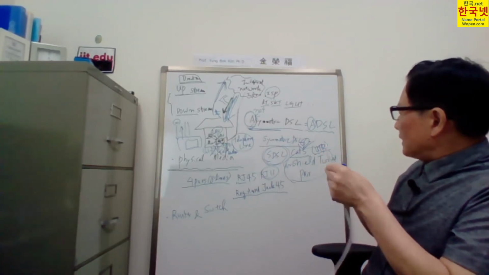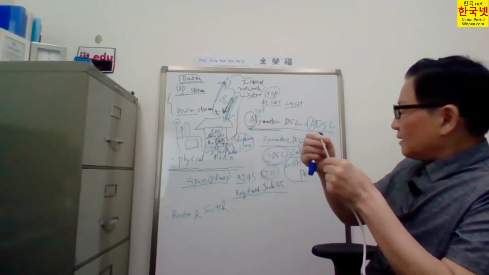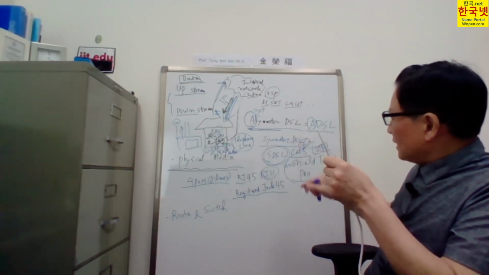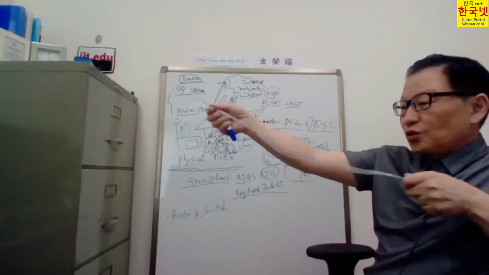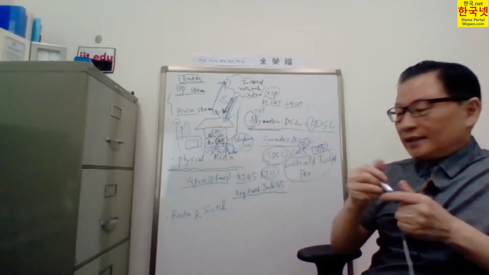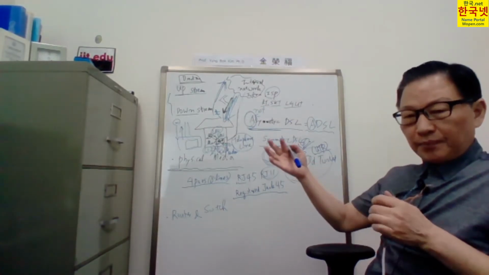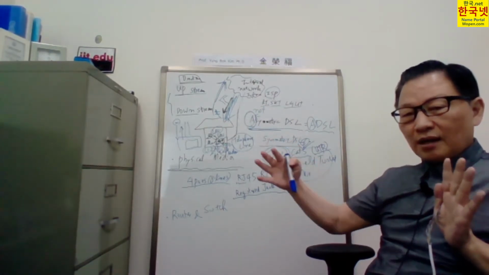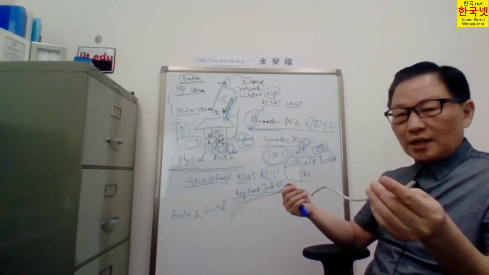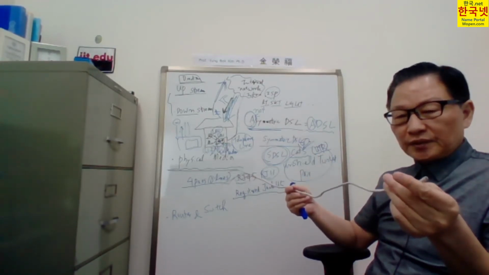Thus, this one is more economic, and that means cheaper than this category 6, and this one usually you can use up to around 100 meters. Thus, within that distance we can use this one for our Ethernet connection cable.